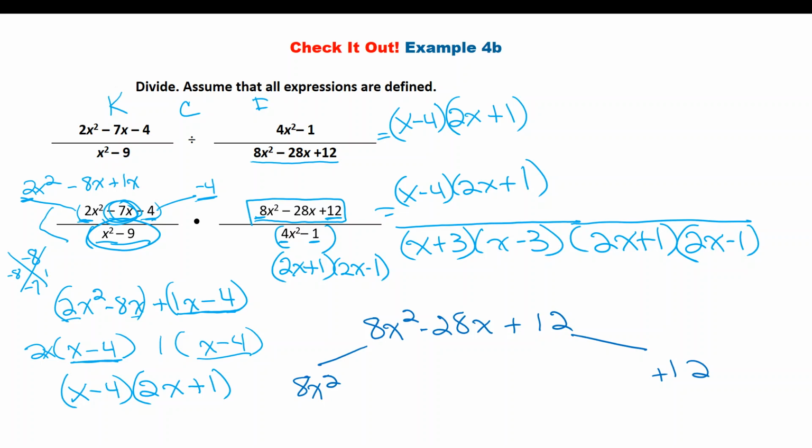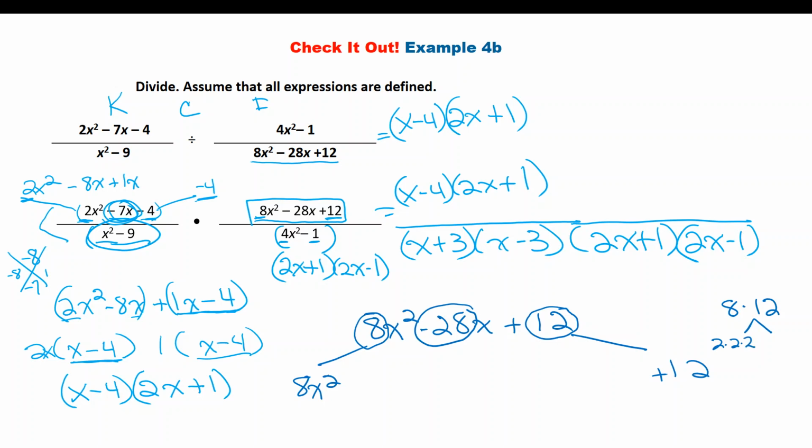Now we have to figure out two numbers that multiply together to get positive 96 and add together to get negative 28. So what I'm going to do is put my 8 times 12 together, and I'm going to find all the factors of my 8 times 12. And 8, I know the factors of 8 are going to be 2 times 2 times 2.